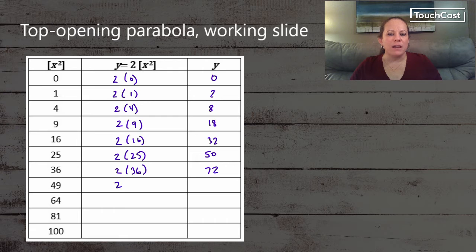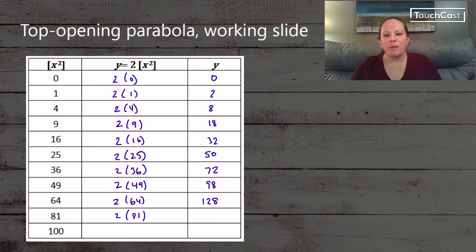Feel free to pause this and go back and take a look at those values that were in our initial data table. And you're going to see that, when we take our x values and square them first, and then use that as input to multiply by 2, we're generating exactly the same values that we had in that first table.